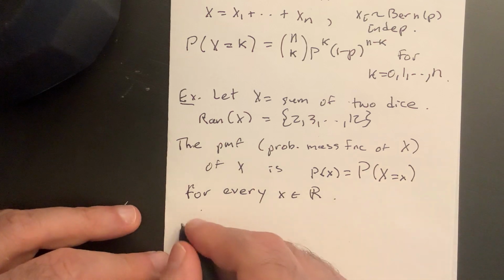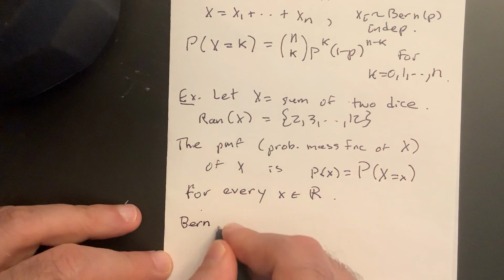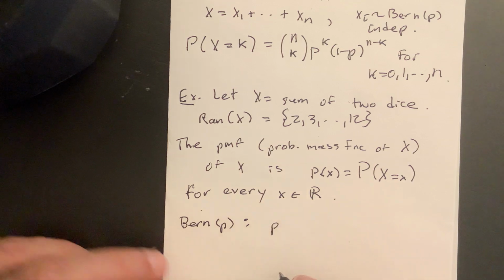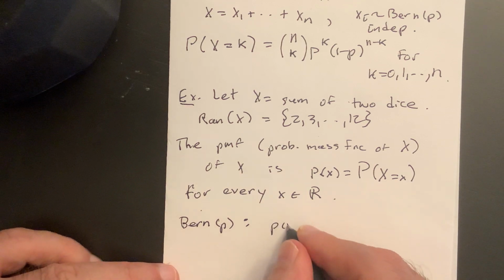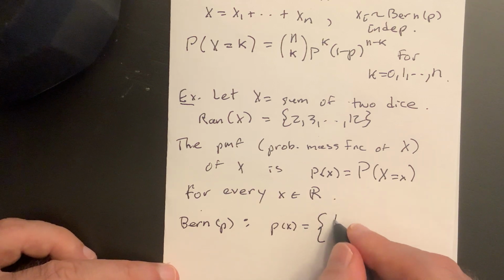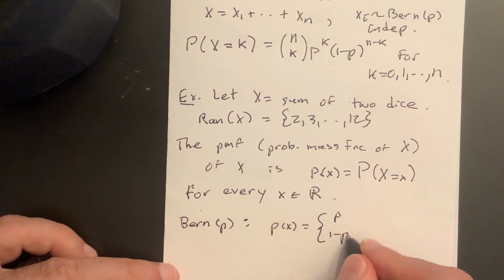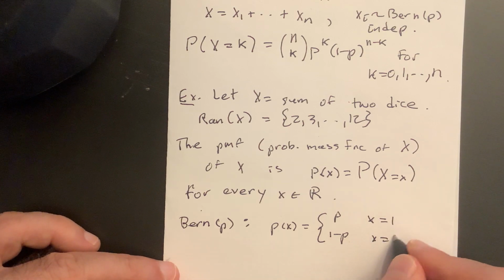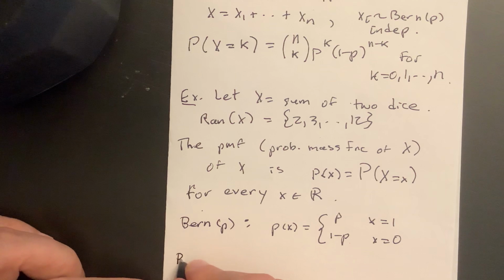So for Bernoulli, if X is Bernoulli p, what's the PMF? We'd have P of x, just define it piecewise, it's p or 1 minus p, and this is if little x is equal to 1, little x is equal to 0. What about a binomial(n, p)?